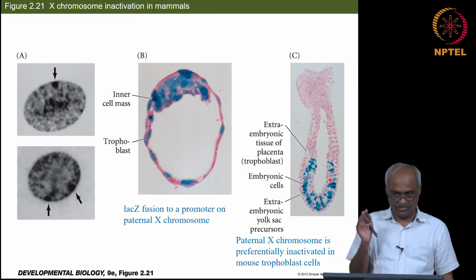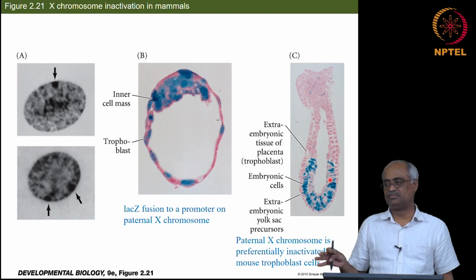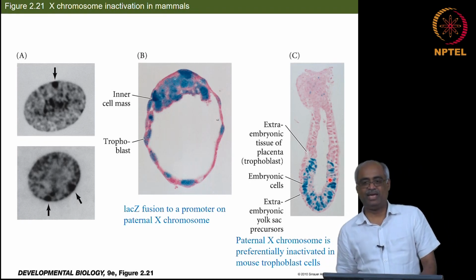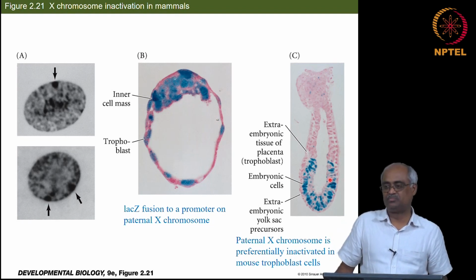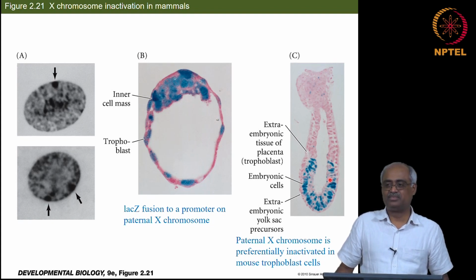So these 3 points you need to remember. It happens very early, it happens randomly, and once it happens it is irreversible. All the descendants will have that inactivation. So if I have a gene on the X chromosome that is very vital, and if that gets inactivated in my father's genome, let us say, that means having one wild type copy from my mother is not going to be enough.